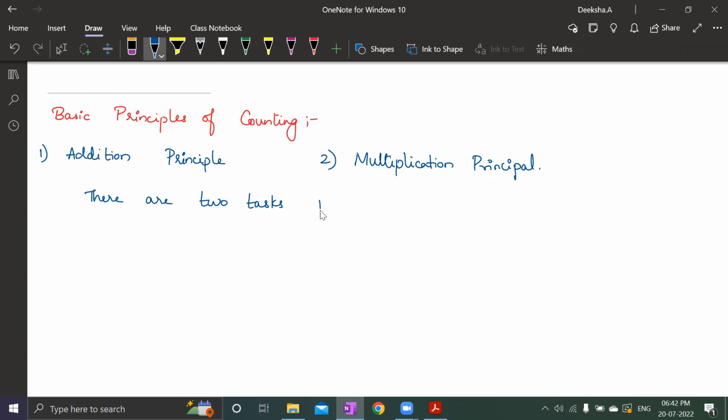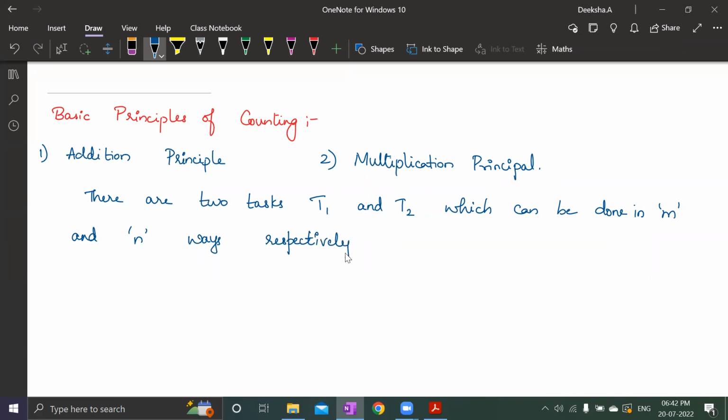So there are two tasks, T1 and T2, which can be done in m and n ways respectively. Means T1 can be done in m ways and T2 can be done in n ways. Then what is the addition principle?